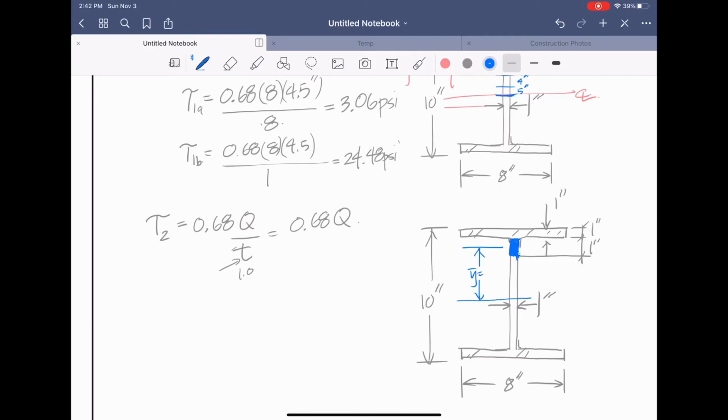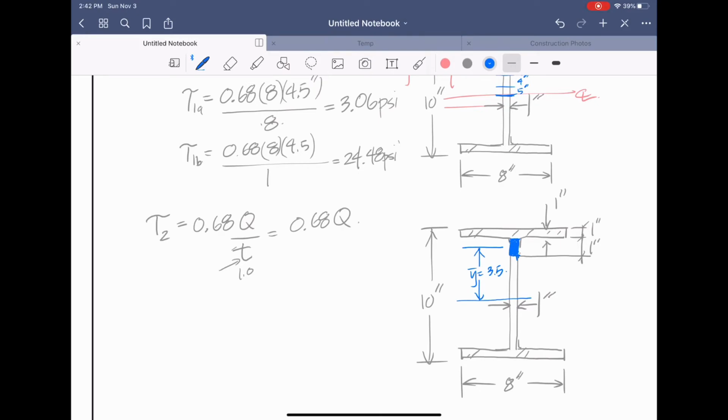What is that distance? Well, we know halfway is 5 inches, so we're going to minus 1, it's 4 inches, minus 0.5 is 3.5. So Q is going to be area, which is 1 times 3.5.